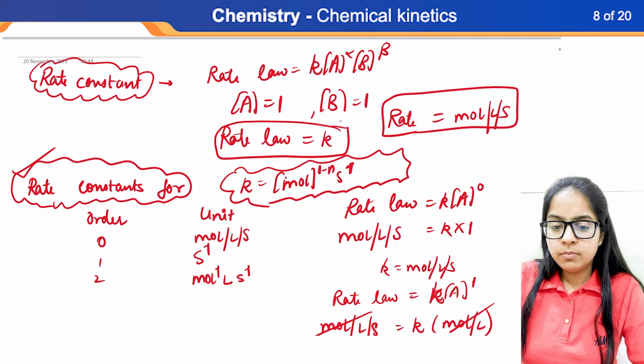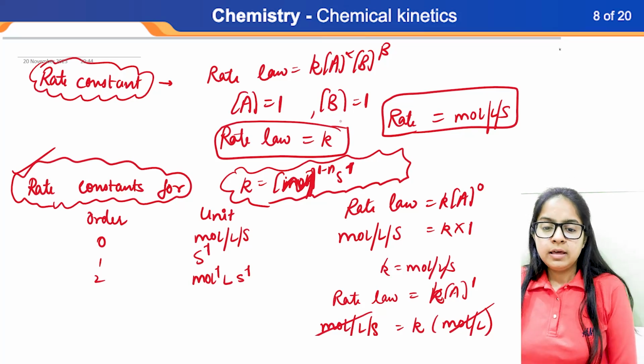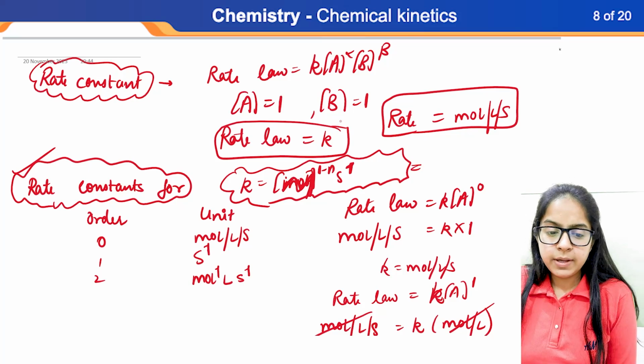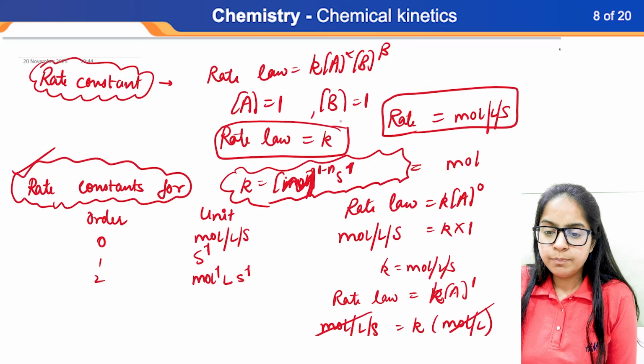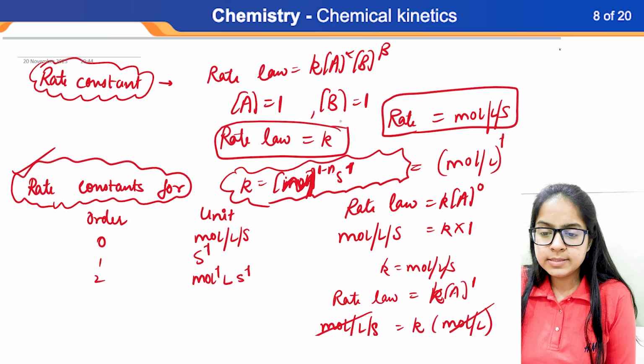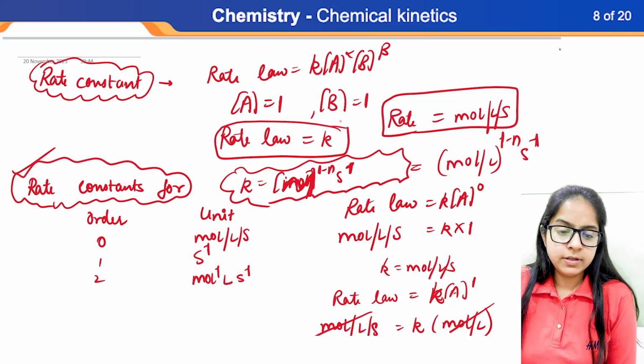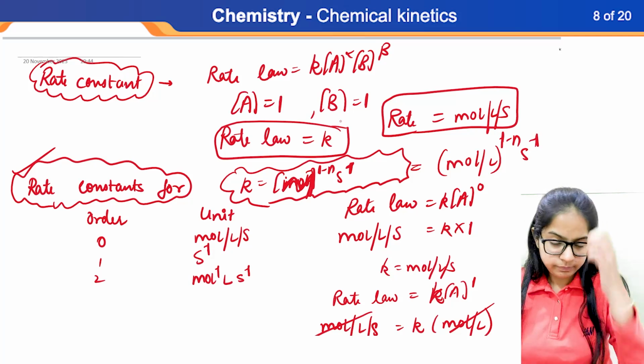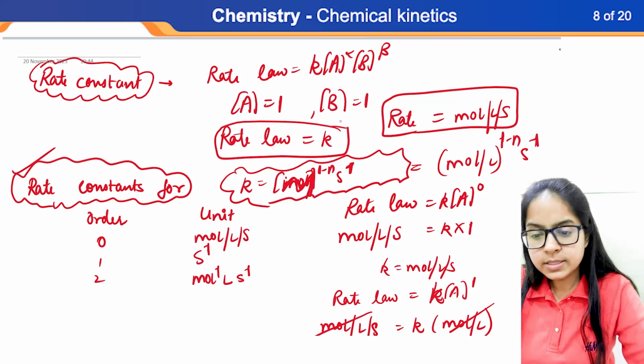Molarity M power 1 minus n second inverse. See, if it's M power 1 minus n, then mole per liter power 1 minus n second inverse. So mole per liter per second for the zero order.